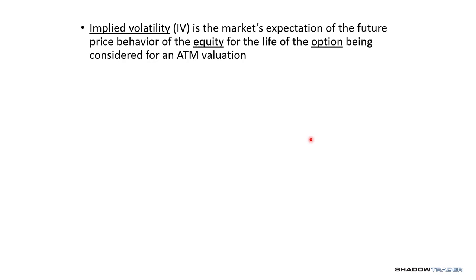So, the IV, implied volatility, as we use it, is the market's expectation of the future price behavior of the equity for the life of the option being considered for an at-the-money valuation. So it goes from here to there, and the equity becomes an at-the-money evaluation to the strike that we're looking at.